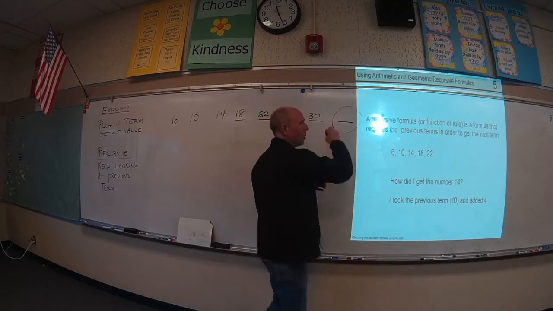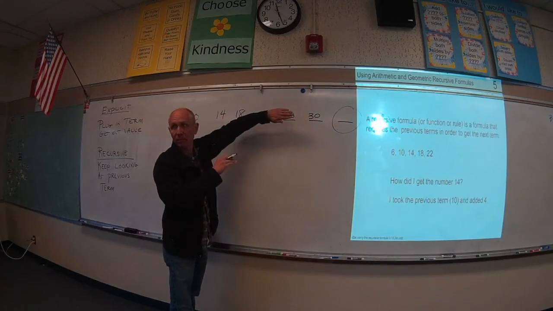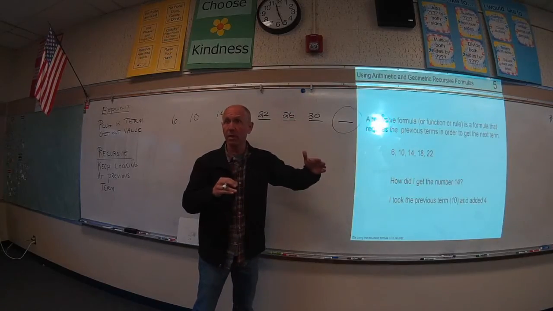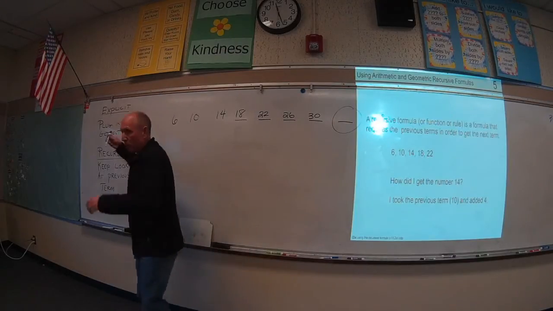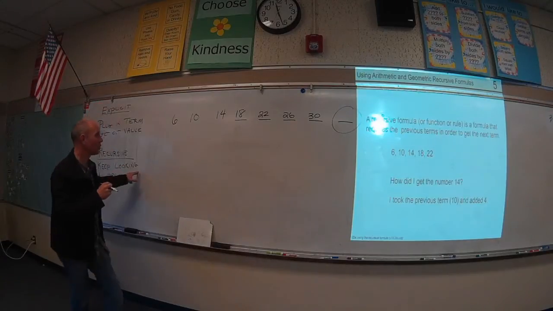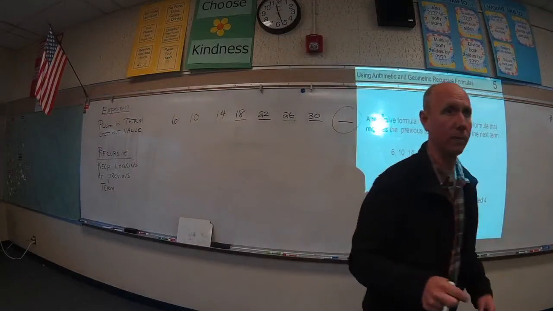Could you find that term with nothing else if you had the explicit? Yes, I would throw in an 8 and I'd get out the term. Do you see the difference? Explicit, I plug in the term, I get out the value. Recursive, I keep looking backwards, looking backwards, looking backwards.